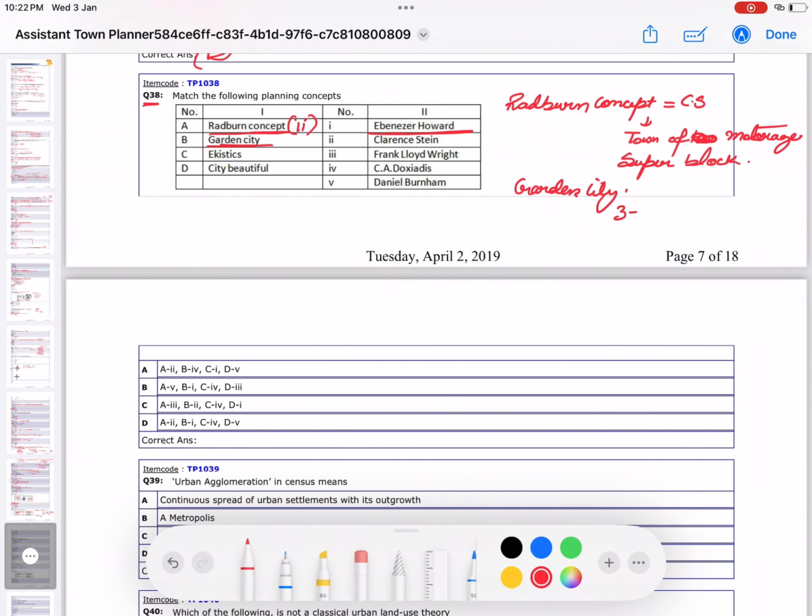Three magnet concept: town, country, and town-country magnet. Ekistics is the science of human settlement.